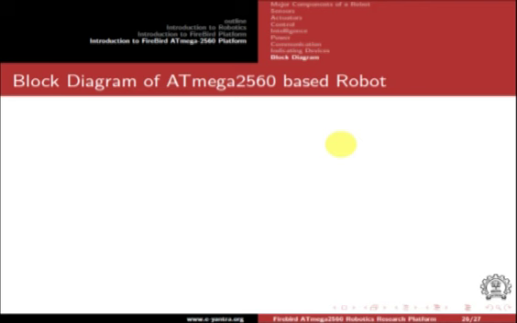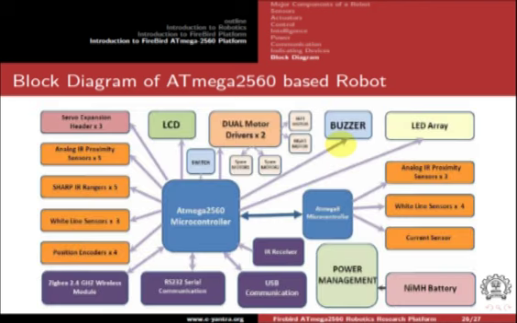In this slide, I have shown the block diagram of the Firebird V robot. We have already discussed these in the slides, so this can be used for reference and overview. Here we have shown the microcontroller Atmega 2560. Through the controller we have connected position encoders, white line sensors, Sharp sensors, 5 IR proximity sensors, and 3 servo motors. 1 LCD and 1 switch are also interfaced with the Atmega 2560 microcontroller.